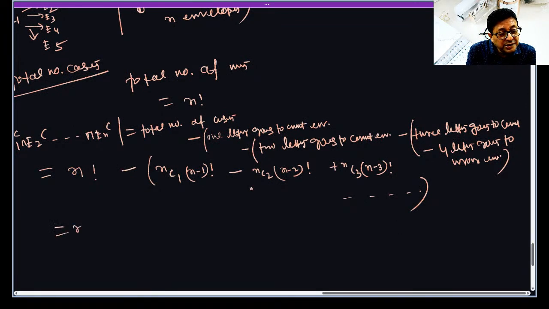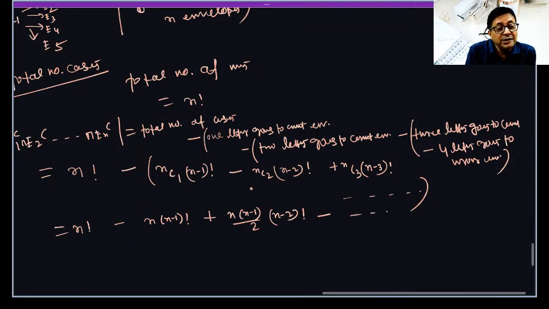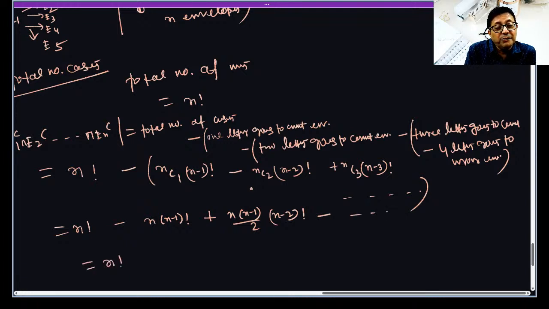Just write this, this will be plus, and this way factorial n minus factorial n. This thing is what? Factorial n by 2.